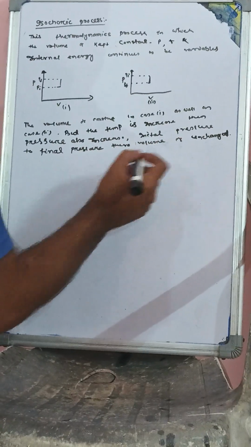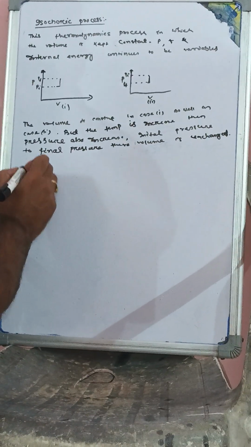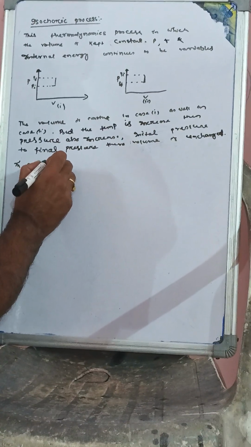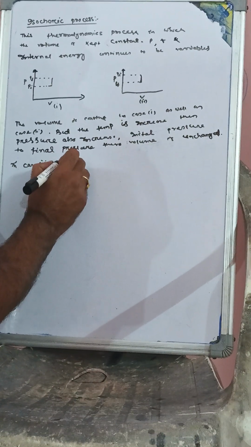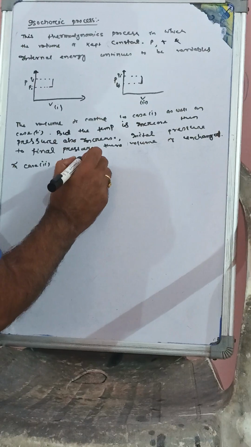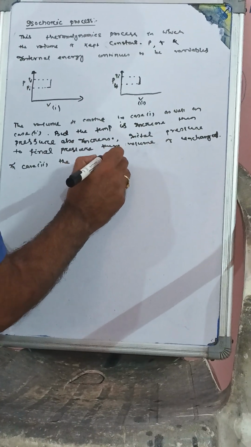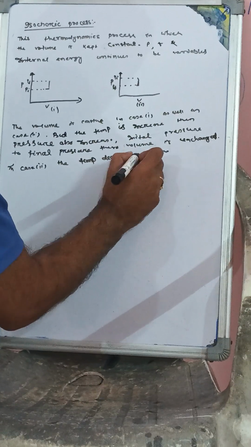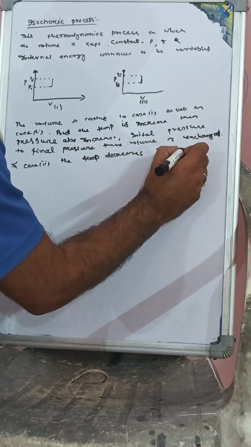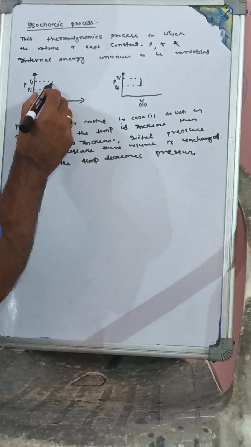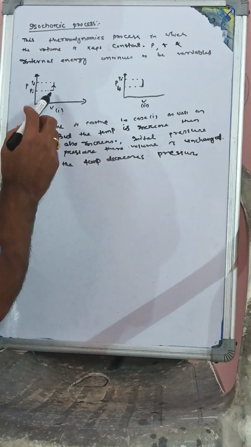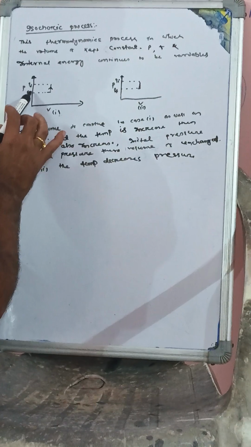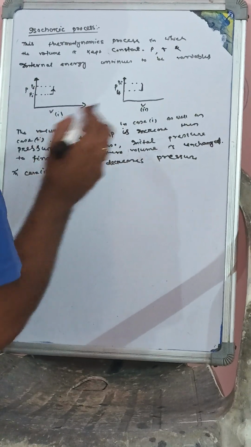When the volume is unchanged, then in case 2 the temperature decreases. If temperature increases then pressure will increase from pressure initial to pressure final.